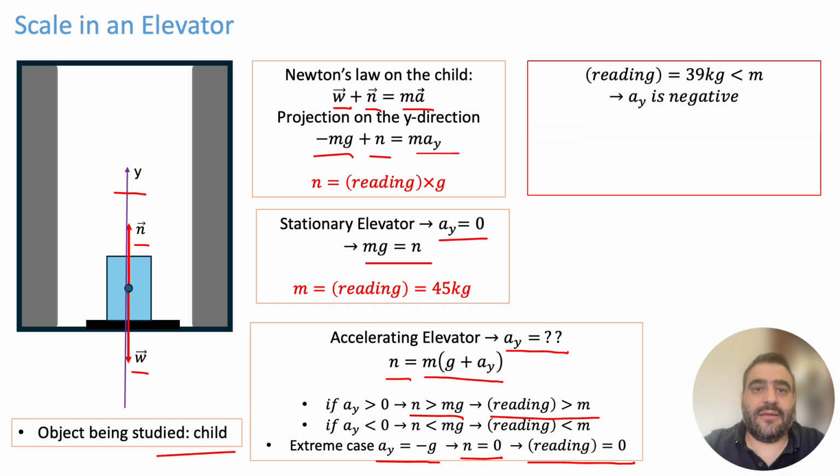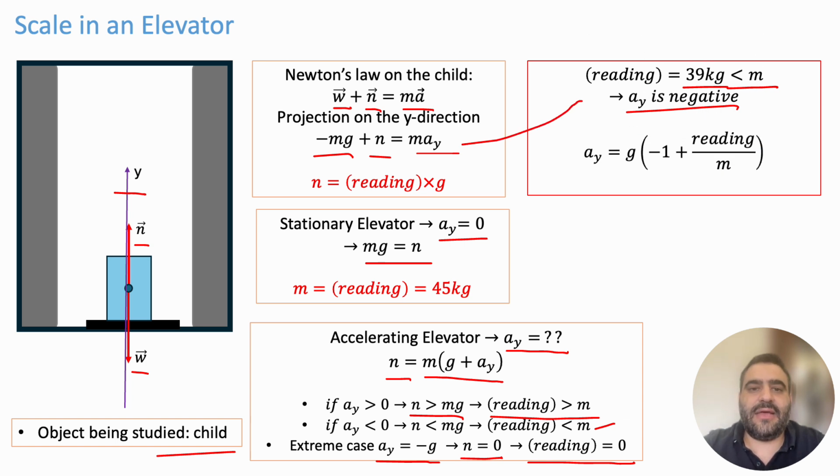Now let's find the acceleration. So we know that in this case, when we are accelerating, the reading is 39 kilograms. This is less than m. So we are in the second situation. So we know that the acceleration is negative. We rearrange this equation. We replace what n is, and we get that the acceleration is equal to g into minus 1 plus the reading over m.